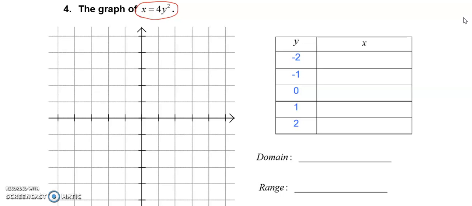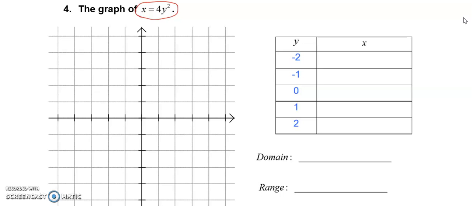Now, the way they've written that equation, and especially if you think back to what we did in the very first lesson in this unit, it appears that the x is the dependent variable, and the y in this case is the independent variable. And considering what we did in the very first lesson, you'd be justified in thinking that.